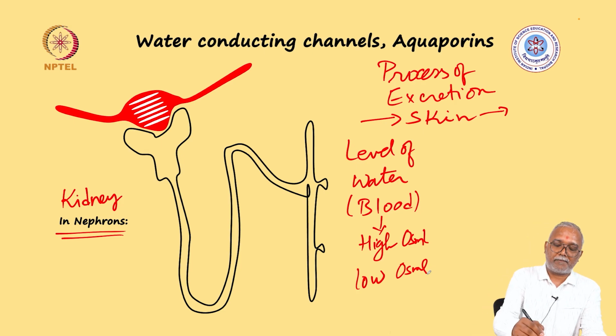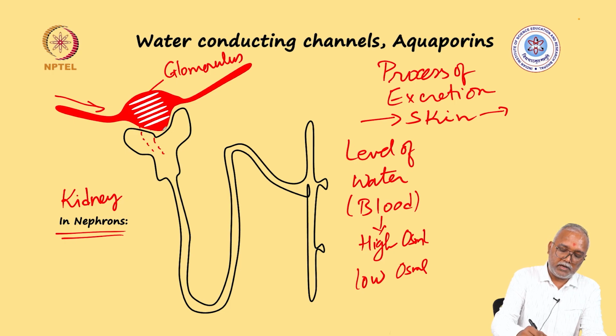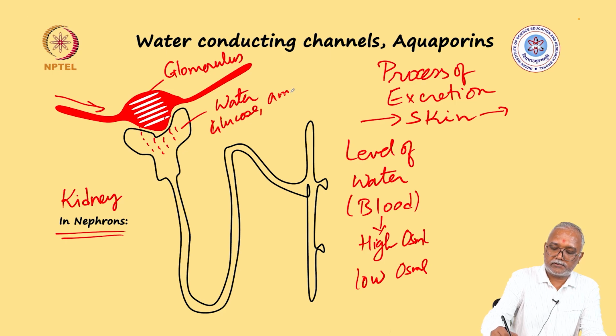Normally in the kidney, the blood which comes from systemic circulation is filtered in the glomerulus, and largely water is filtered here, along with small molecules like glucose, amino acids, and waste products like urea.